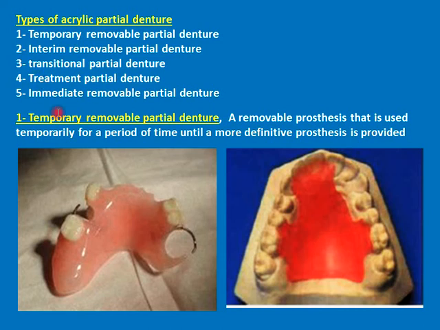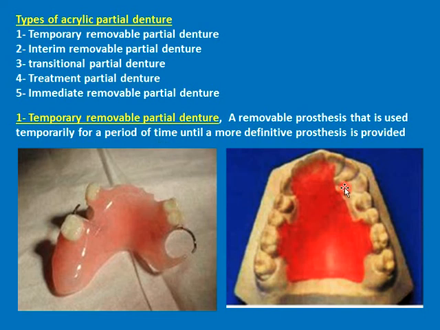So we start with the temporary removable partial denture. It is a removable prosthesis that is used temporarily for a period of time until a more definitive prosthesis is provided.